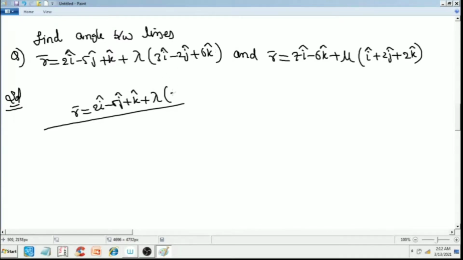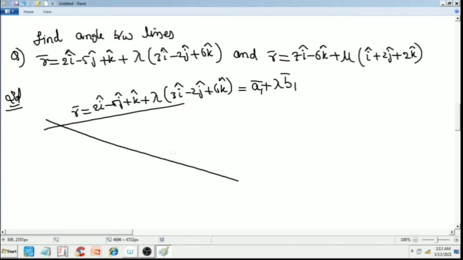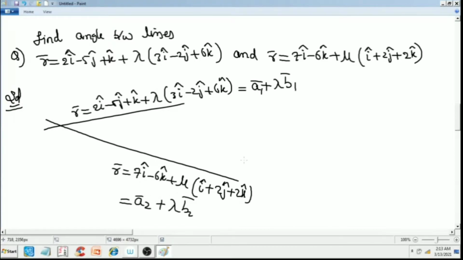This line is r bar equals 2i minus 5j plus k bar plus lambda times (3i minus 2j plus 6k), which is in the form of a1 bar plus lambda times b1 bar. Next, one more line: r equals 7i minus 6k plus mu times (i plus 2j plus 2k), which is in the form of a2 plus mu times b2.